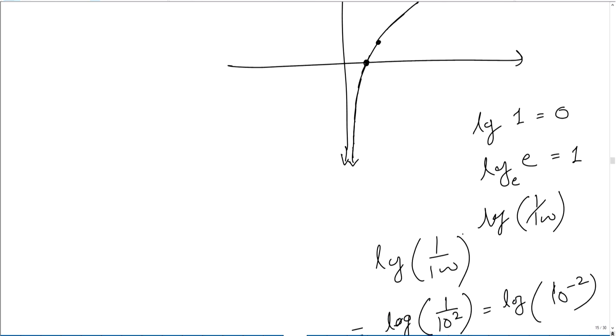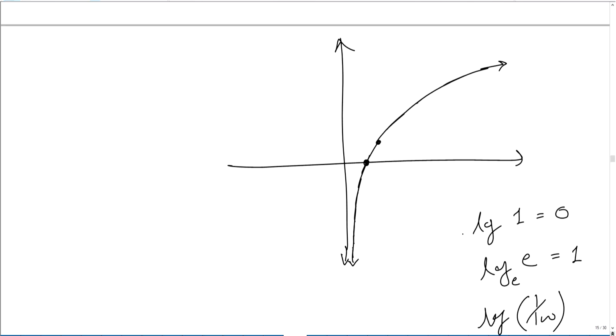What would be the domain and codomain of a logarithmic function? What would be the domain? What values can x take? Interestingly, the domain of this function would be the same as the codomain of the exponential function. What was the codomain of the exponential function? That y cannot take any negative value or even 0. y has to be positive.